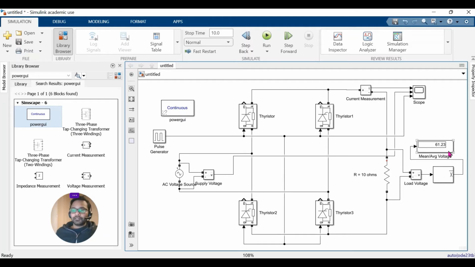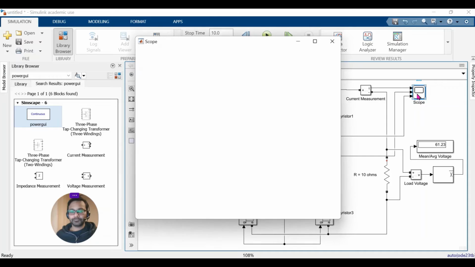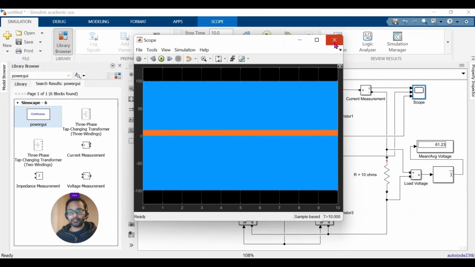So for 10-degree firing angle, the average voltage is coming out to be 61.23.